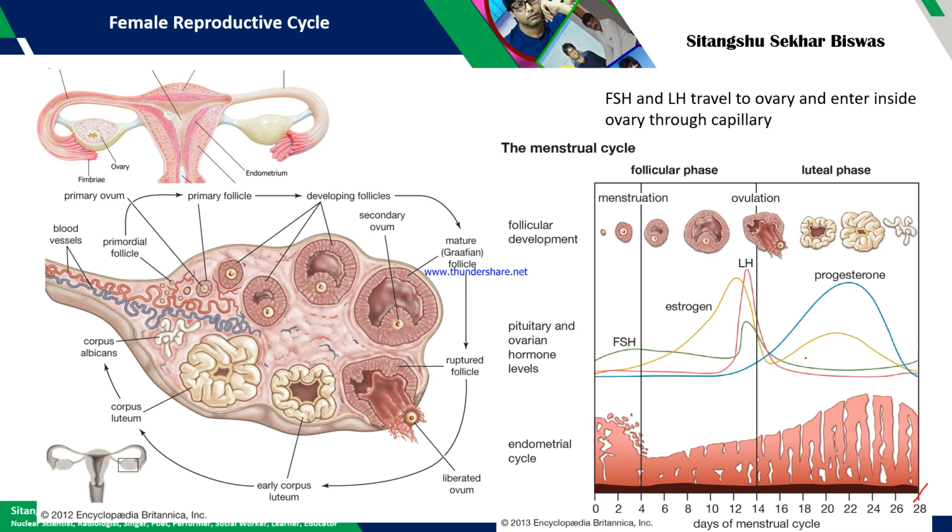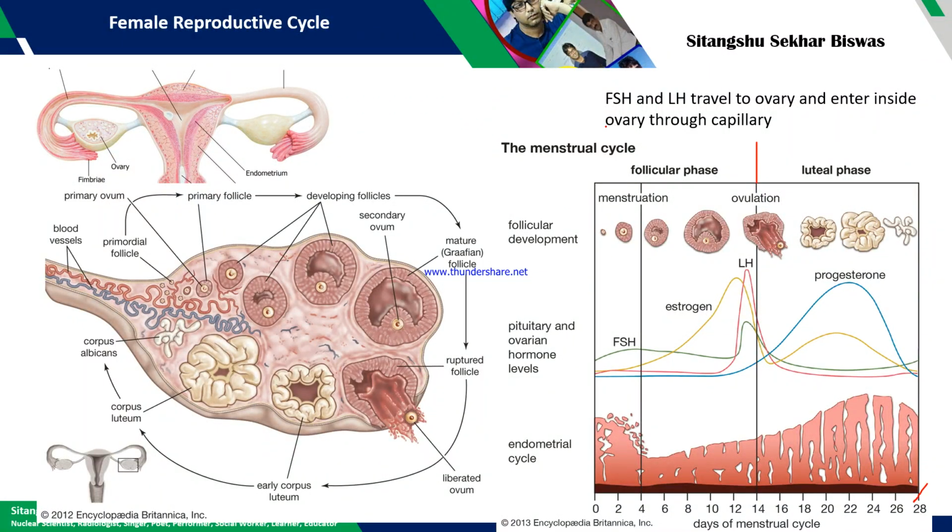So the average we can take is 28 days, and broadly this 28 days is divided into two phases. One is the follicular phase, another is the luteal phase. There will be certain changes in the ovary and the endometrium. Basically, these two major structures of the female reproductive system are involved in this aspect. Okay.